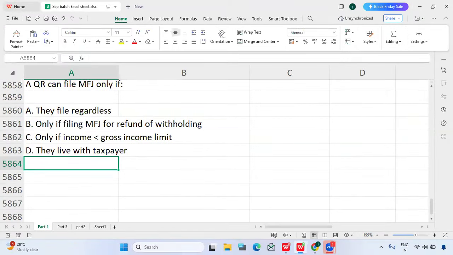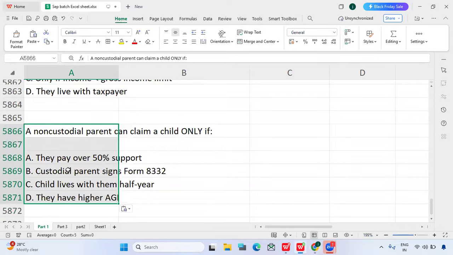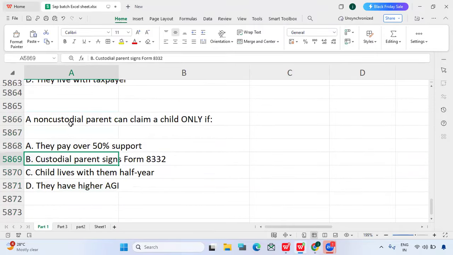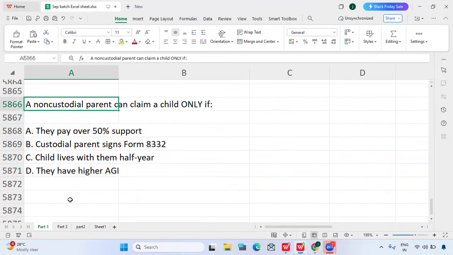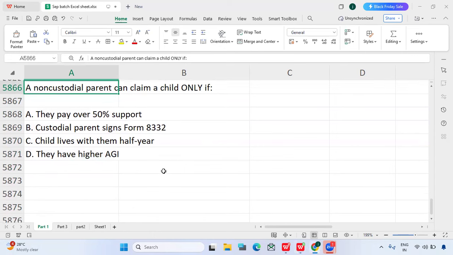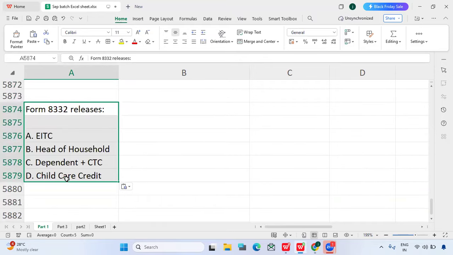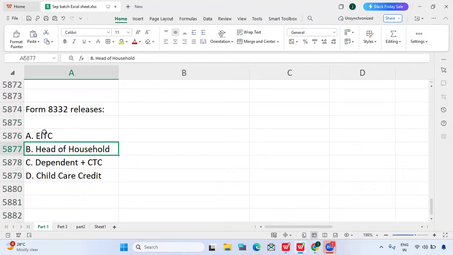So option B. And a non-custodial parent can claim the child as a dependent only if, option B, they have Form 8332 released from the custodial parent.